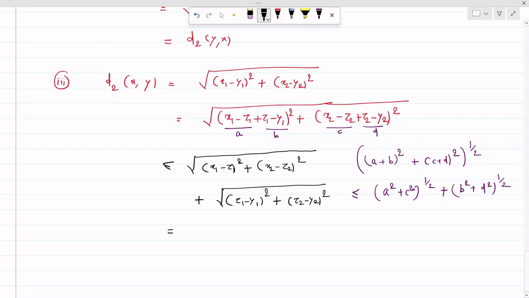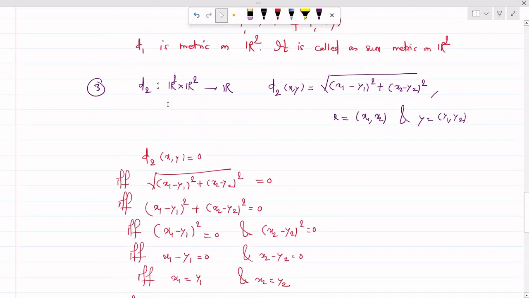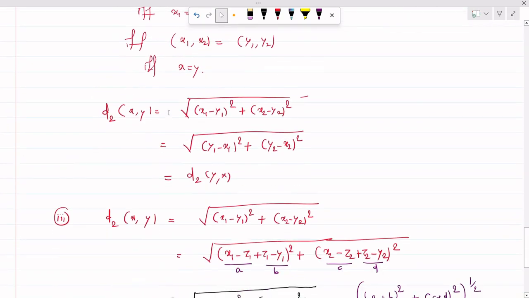That is nothing but d2 of x comma z plus d2 of z comma y. So we have established that d2 of x comma y is less than or equal to d2 of x comma z plus d2 of z comma y. So d2 also satisfies all the conditions of a metric. So d2 is also a metric on R2, but since it measures the distance between x and y, we call this the Euclidean distance, and that's why this metric is called the Euclidean metric on R2.